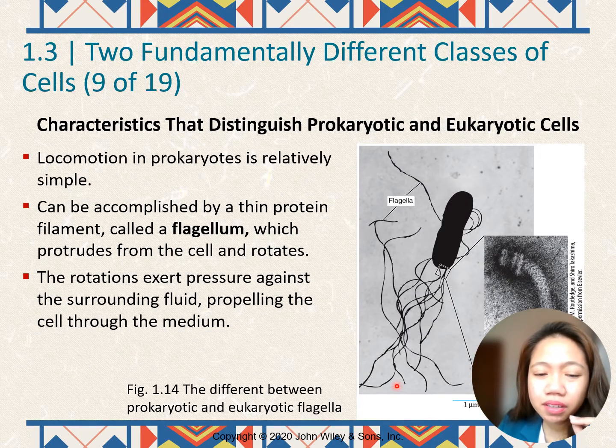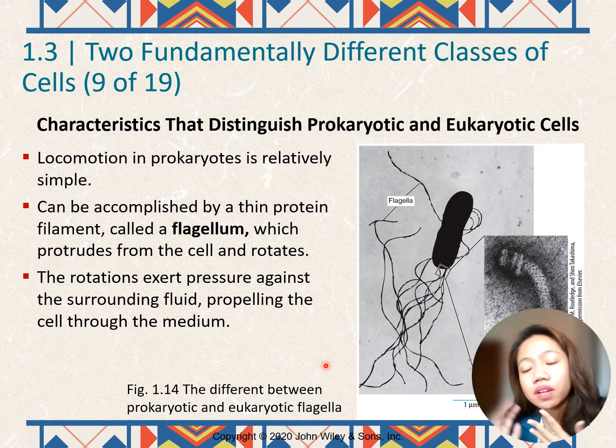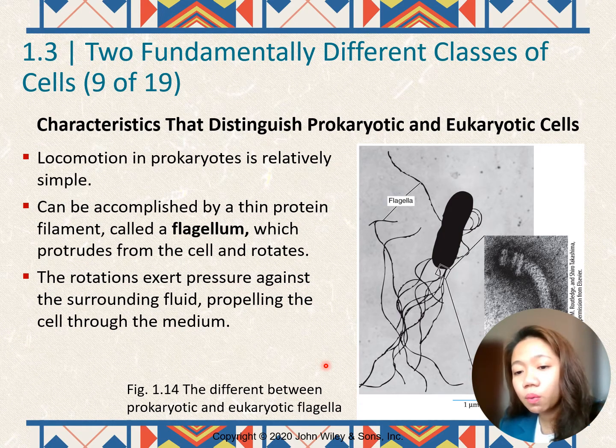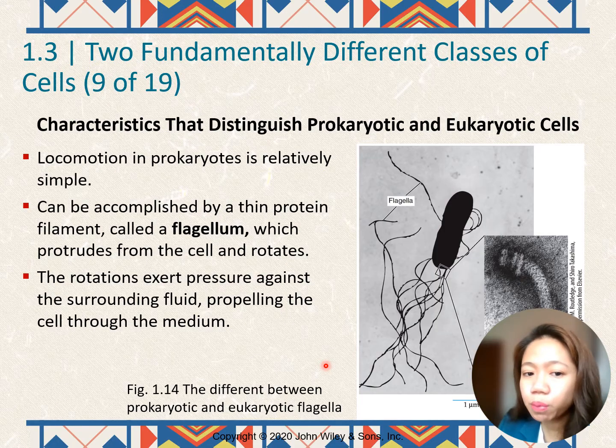Okay, so in comparison again of the locomotion between prokaryotes and eukaryotes, I would like to emphasize that flagella are present in both prokaryotes and eukaryotes, but cilia are unique to eukaryotes. The flagella of prokaryotes, of course, are smaller, so they would only require a few strands of protein, and that would already enable them to move around the environment.